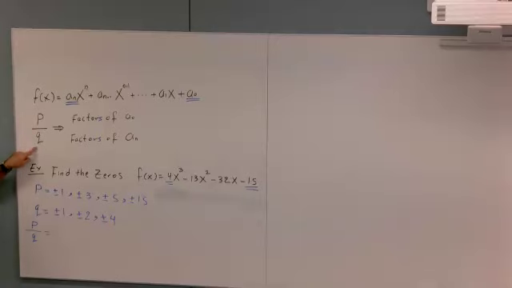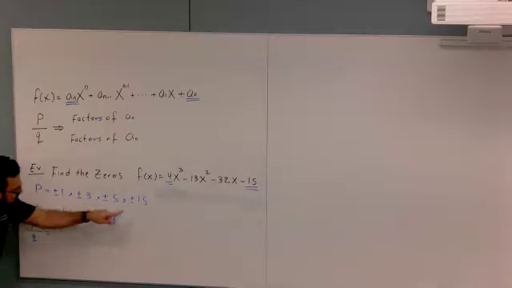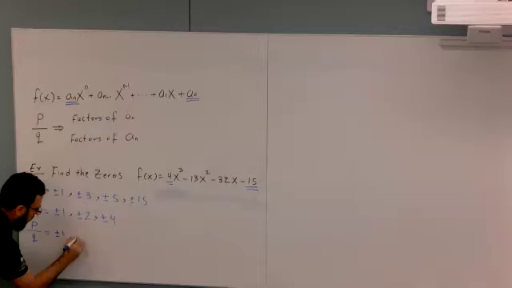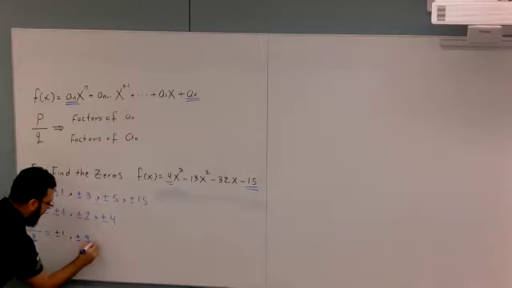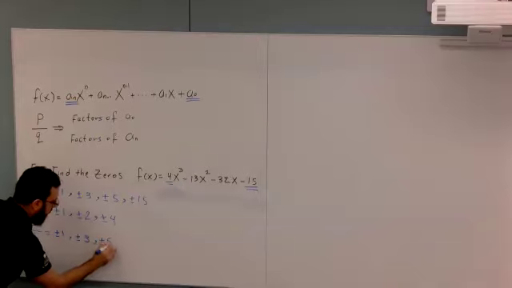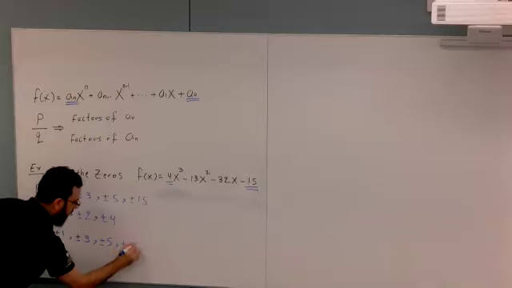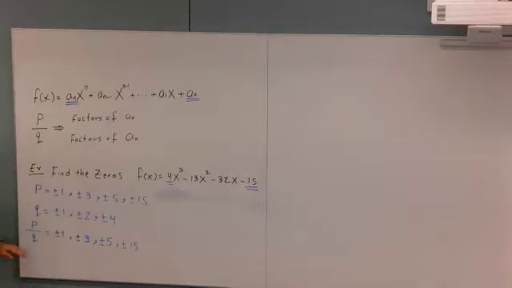P divided by Q. Here's the P. I'm going to start. 1 divided by 1, plus or minus 1. 3 divided by 1, plus or minus 3. And 5 divided by 1. Okay? 15 divided by 1. We're dividing all these numbers by 1.